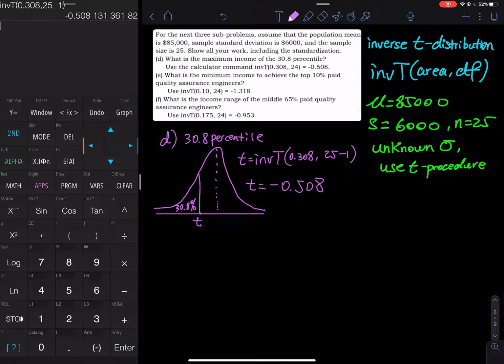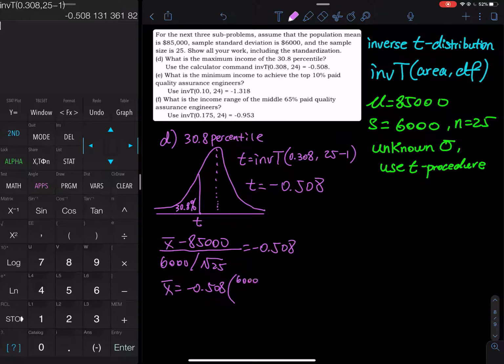And then we undo the standardization. So we have x bar minus 85,000 divided by S over the square root of n, that equals negative 0.508. And then x bar equals the T times the denominator, and then you add the mean to it.